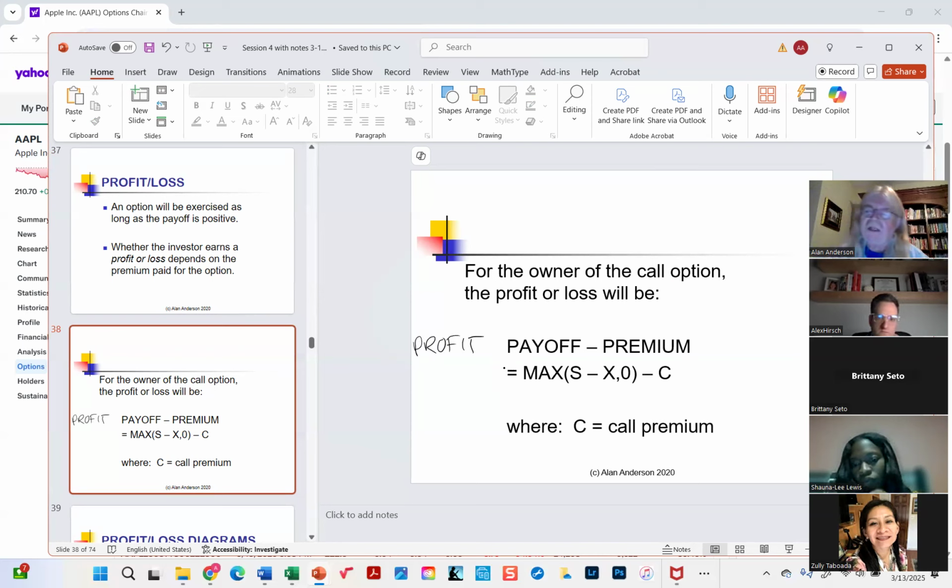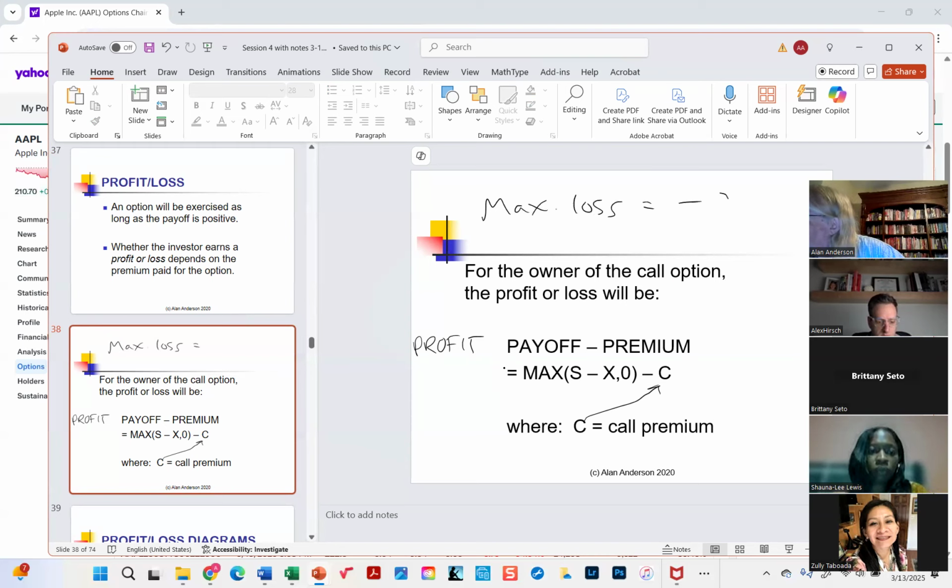While we can lose money, the maximum we can lose is just the price we paid for the option. So the premium for the call, we're going to call it C. So the maximum loss is minus C dollars, to indicate that we have a 0 payoff, and therefore our total loss is the call premium. And that in turn represents 100% of our investment.